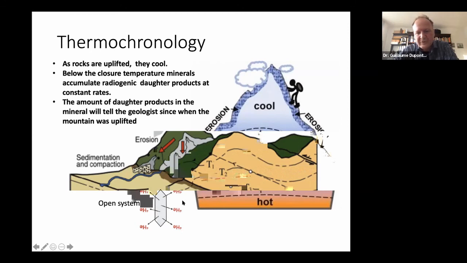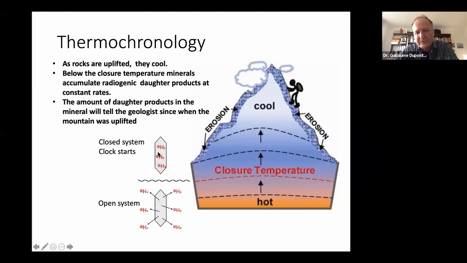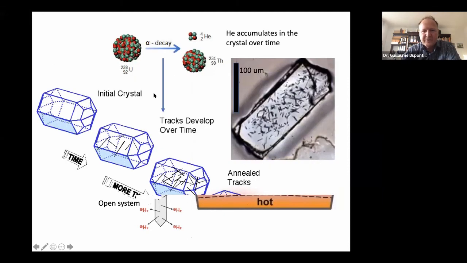The elements can flow in them. But when you go through the closure temperature, they close. And so then elements that are formed in there will remain in the crystal. And so then you can measure how many were formed to date that sample. This is better explained here in this figure.